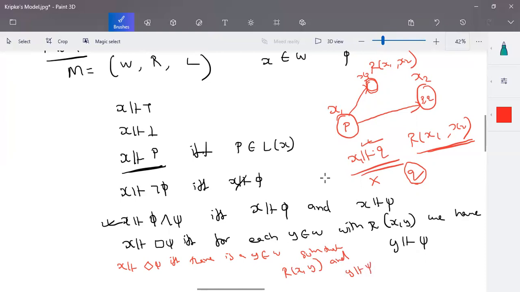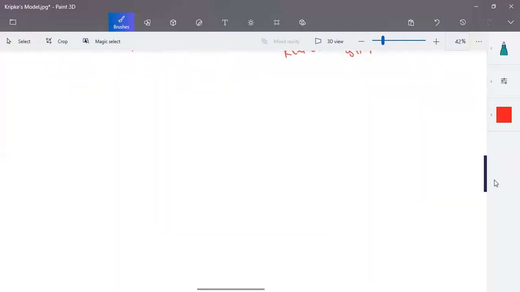If at least one is satisfied, your formula actually satisfies over here. To understand this better, I'll take one example as a whole. I'll just define a model, define the relationship, and define the labeling factor. Then we can check the formulas, validate some formulas too.